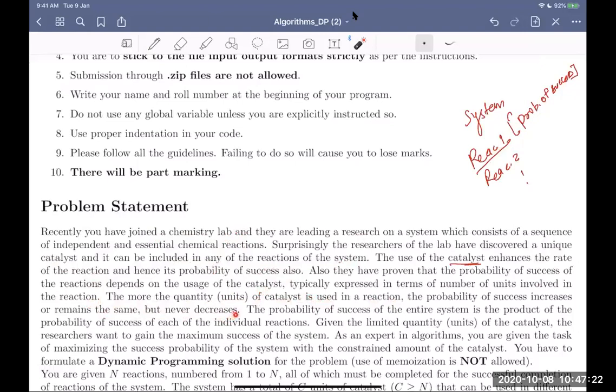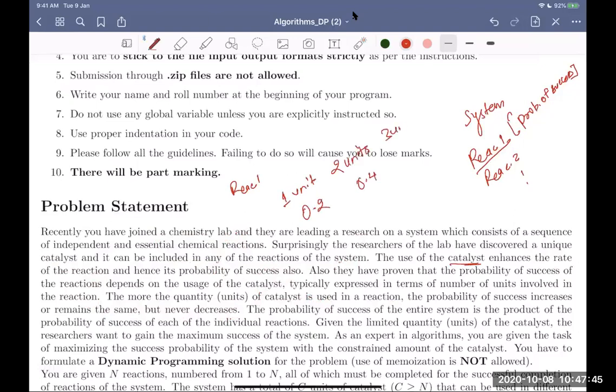So you can think of it as if the probability of success is non-decreasing with the number of units. So it can happen, for example, for reaction 1, if I'm using 1 unit of catalyst, my probability of success is 0.2, but if I use 2 units, then it becomes 0.4.